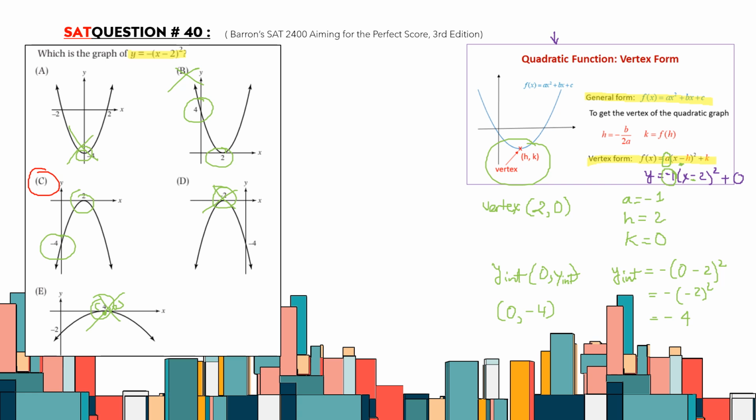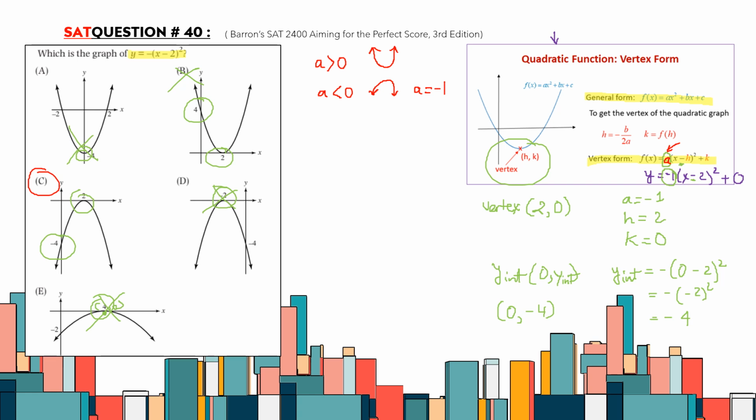Also, we can talk about the coefficient a in front of the x squared term, the leading coefficient. When a is positive, the graph is concave up, moving like that. Both ends will face up, okay? If a is less than 0, the graph looks like this; both ends face down. So in this case, a is negative 1, so of course the graph will face down.